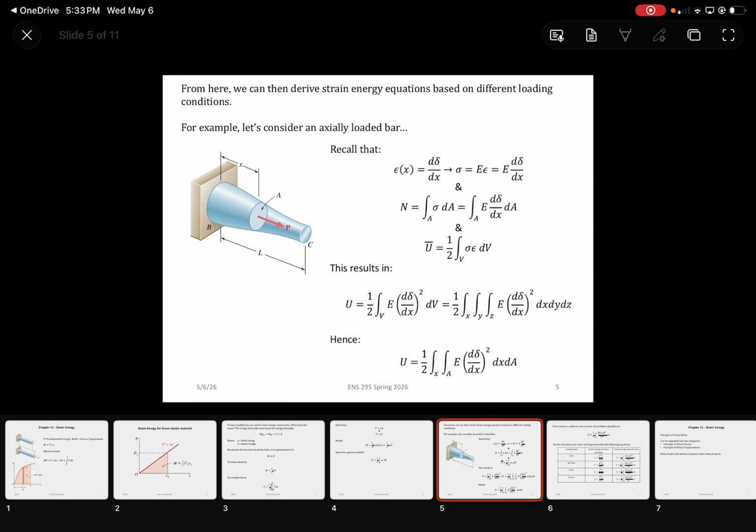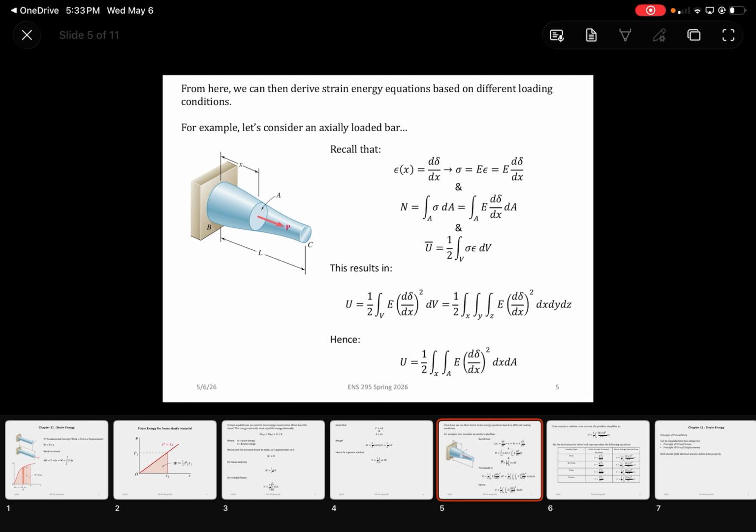Let's consider an axially loaded bar with some non-uniform cross-sectional area A. All right? We should recall that the strain is equal to the differential of the deformation with respect to x, and that stress is just equal to E times epsilon from Hooke's law. And we end up with stress equal to E times d delta over dx.